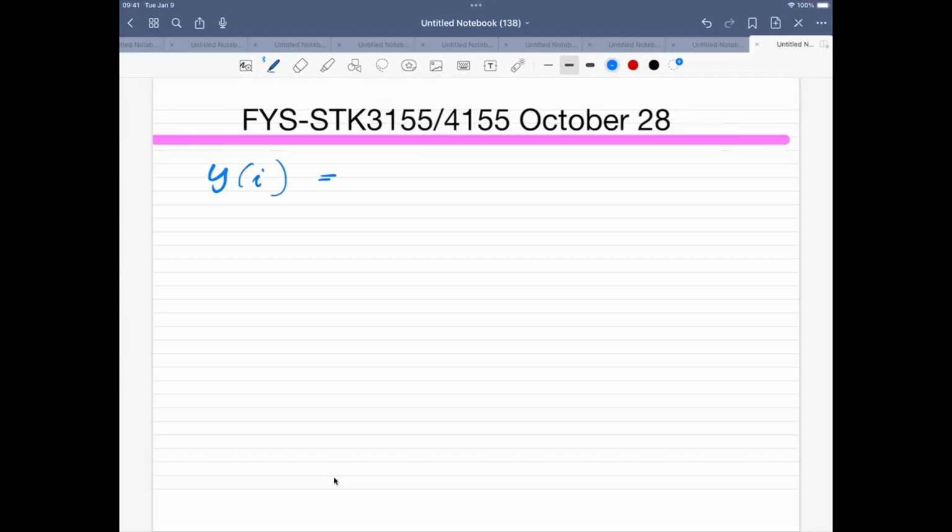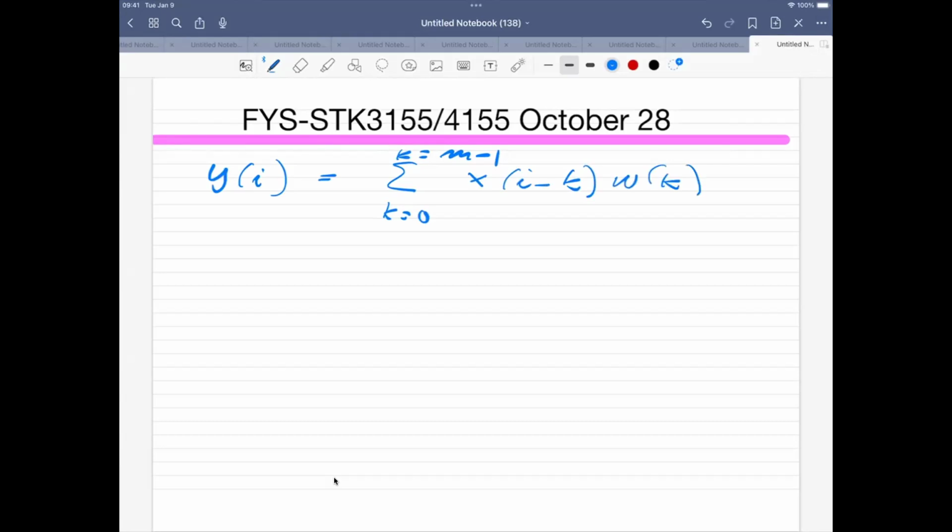This is now given by a sum over k equals 0 up to k equals m minus 1 of x of i minus k times w of k.